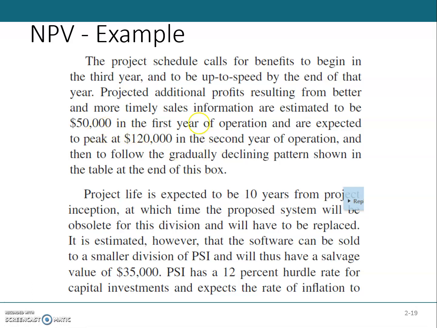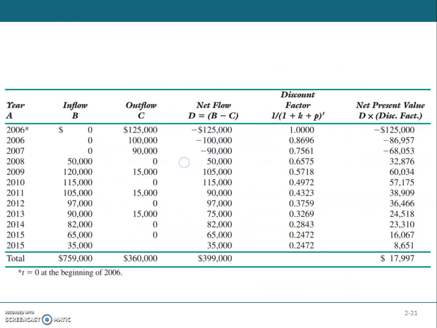Here the integration was completed, and after 1 year the benefit was $50,000, then increased to $120,000 in the next year, and then started decreasing: $115,000, $105,000, $97,000, as shown in this table. So these were the benefits or the inflows.